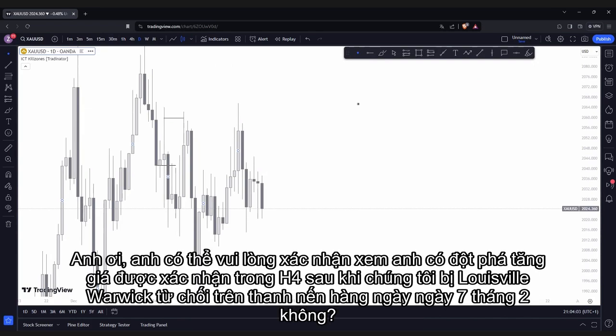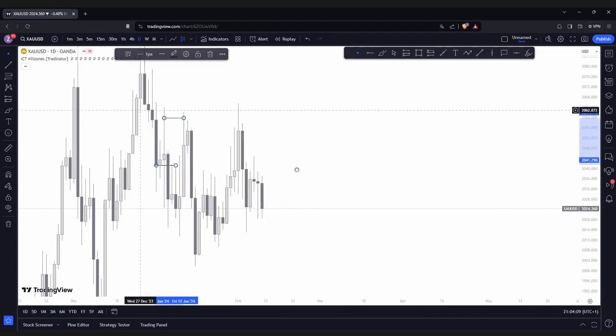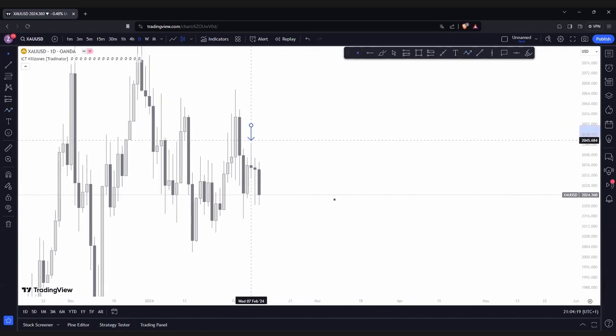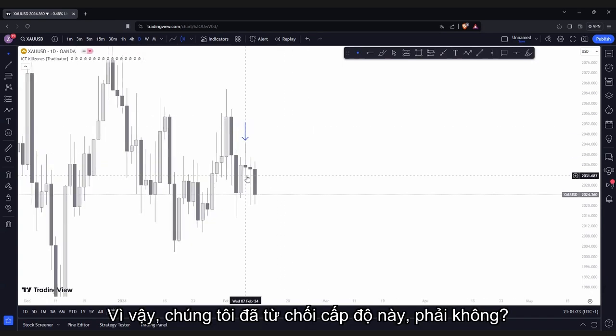Brother, can you please confirm if you had a confirmed bullish breakout in H4 after we had rejection from the lower wick on the daily 7th February candle? Okay, let me check. 7th Feb. You're talking about this candlestick? Okay, so we rejected this level, right?